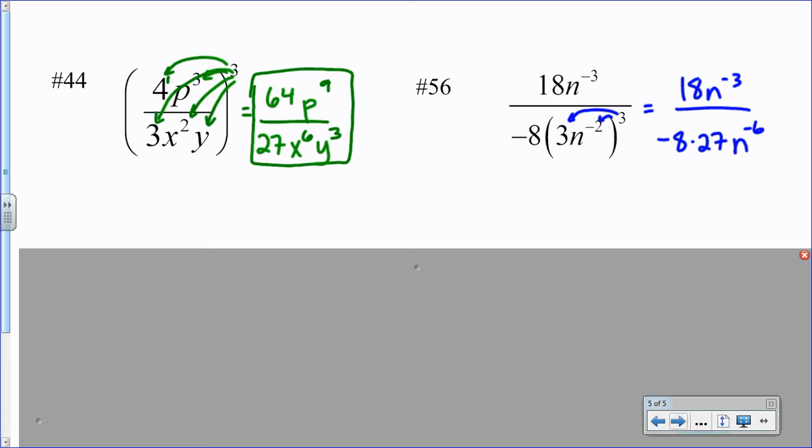Do I have any common bases? The n's, right? So if you have a common base that you're dividing, what do you do with your exponents? Subtract, put it in the numerator. So this is why I wait to mess with the negatives till later.